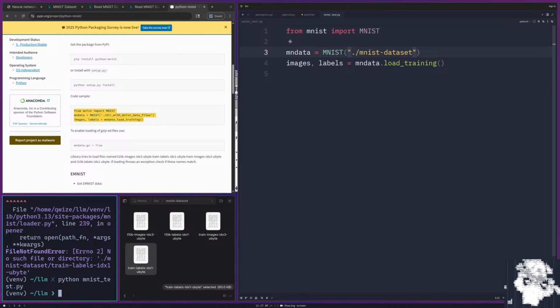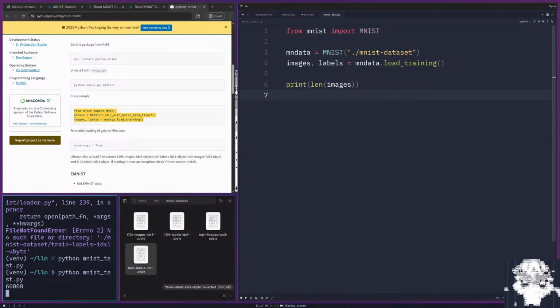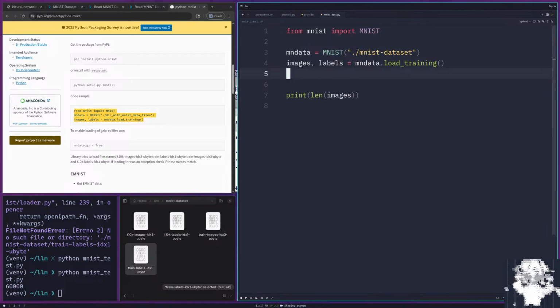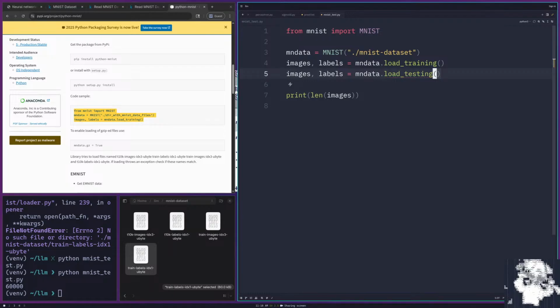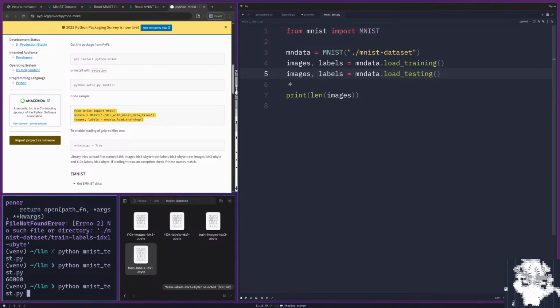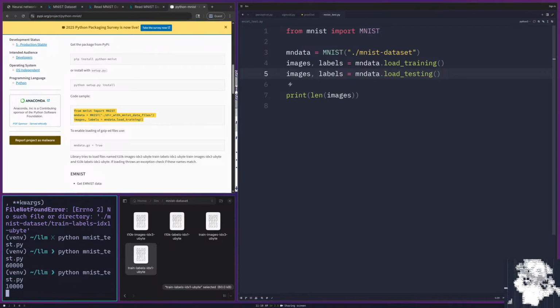That did stuff. Print len of images. 60,000. Load training, load testing. 10,000.